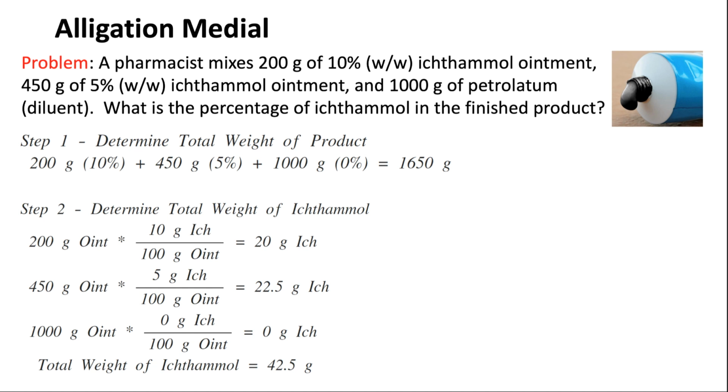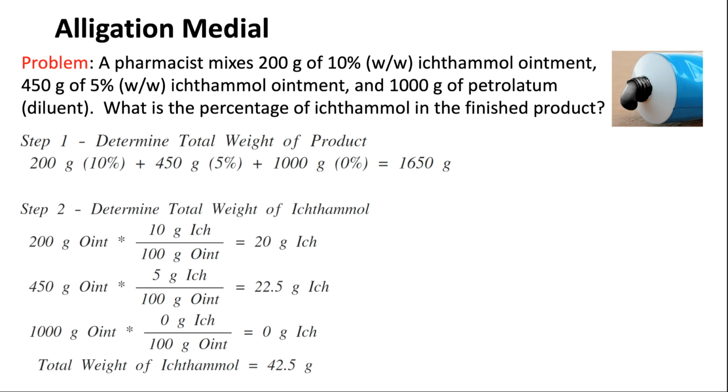So if we start with 200 grams of that ointment times its concentration, which we said was 10%, which we would rewrite as 10 grams of ichthammol over 100 grams of that ointment. So if we multiply that out, the grams of ointment cancel, and we're just in grams of pure ichthammol. So 200 times 10 divided by 100 equals 20, and that would be grams of ichthammol.